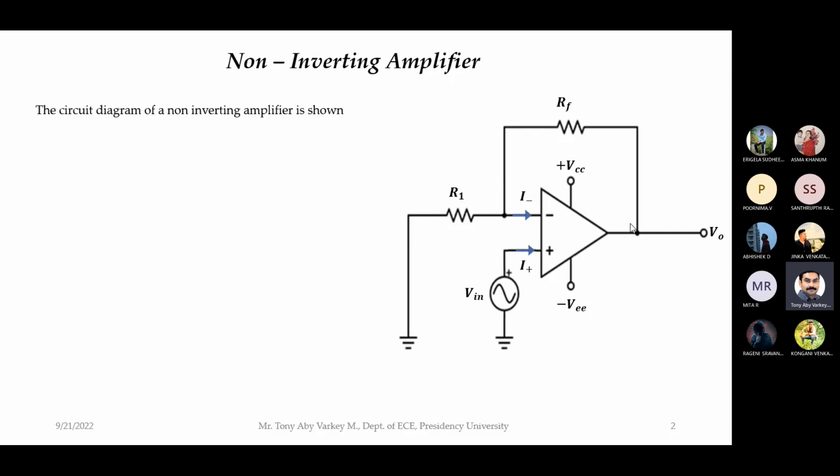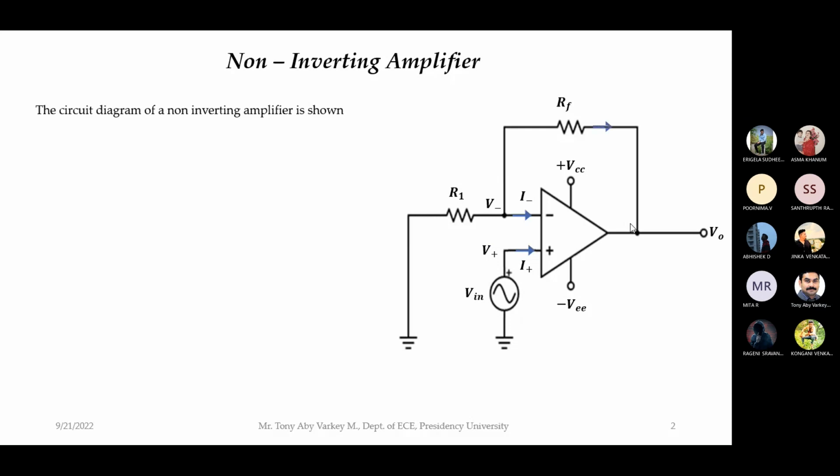For an ideal op-amp, what is the value of I minus and I plus? 0. Now the inverting terminal voltage I'm marking as V minus, and the non-inverting input terminal voltage as V plus.